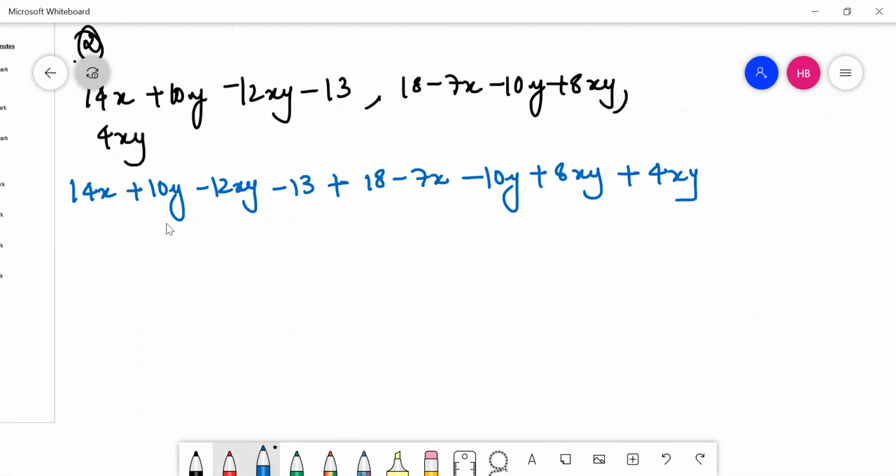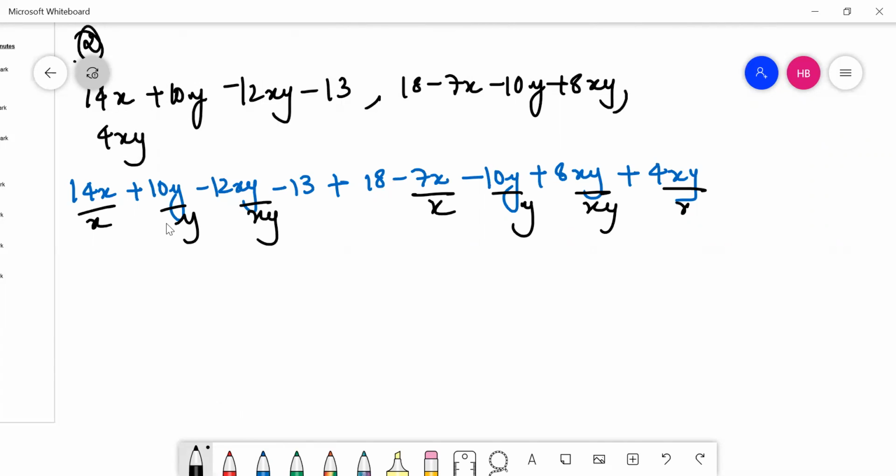Okay. Now I'm just going to write the variable terms of each part, which will be x, y, xy, xy, xy and xy. Here this is a constant and this is a constant. Now again we have to group the like terms together. First I'm grouping the x terms.